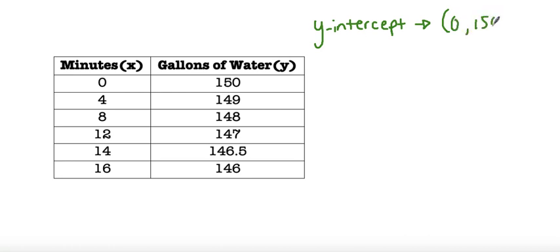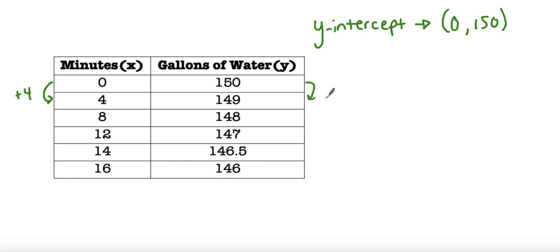Zero, 150. And what this coordinate means is, again, our x is minutes. So before any time has passed, we have 150 gallons of water.